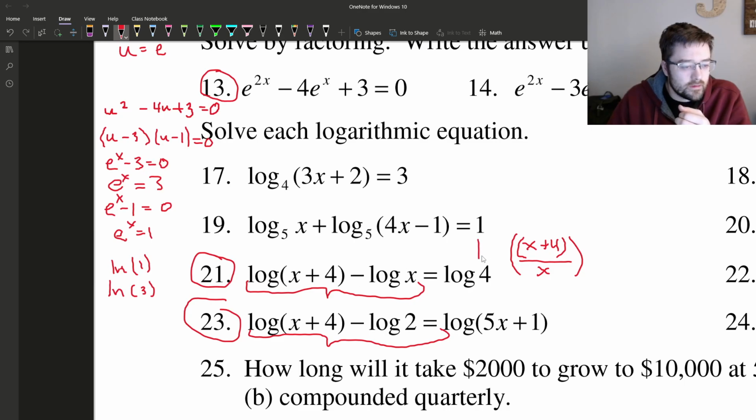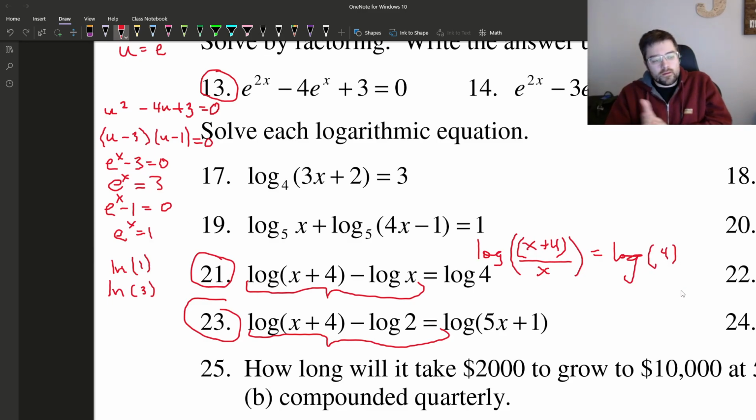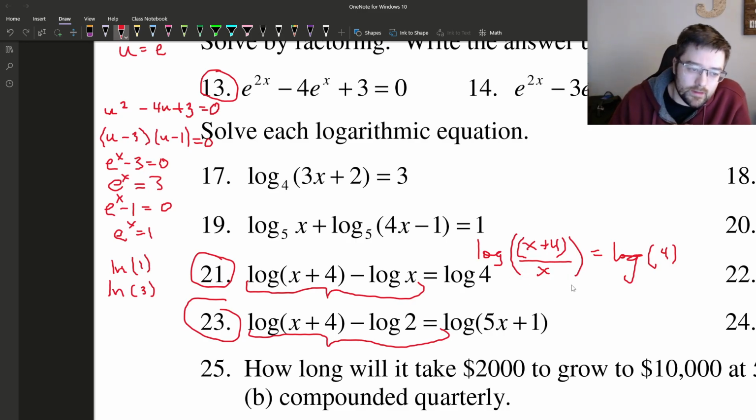So this logarithm is now set equal to the other logarithm. And once condensed, you can solve this rational equation.